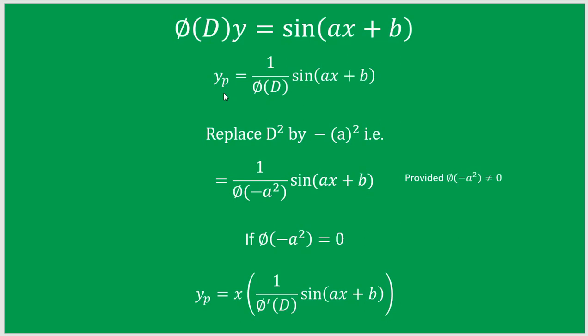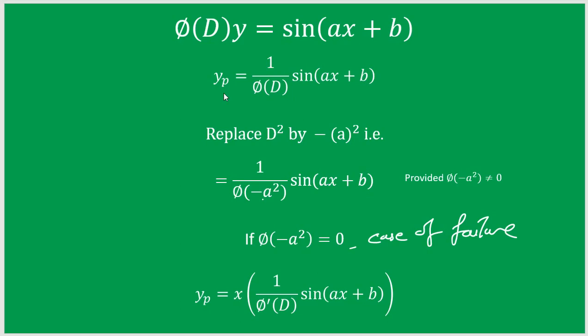So yp is 1 upon phi of minus a square sine of ax plus b. Here we are replacing D square by minus a square, provided phi of minus a square is not equal to 0. If it is equal to 0, we have a case of failure. Then yp is equal to x times 1 upon phi dash of D operating on sine ax plus b.